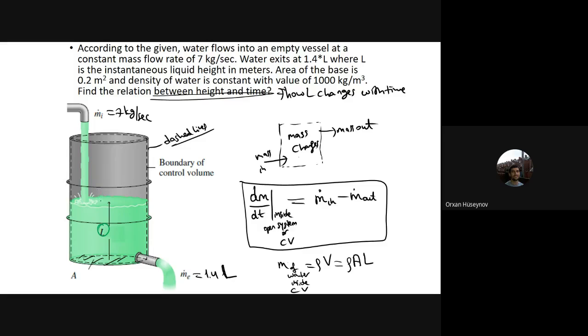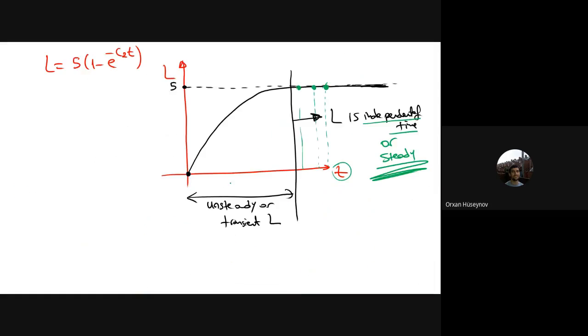Here you can see that after some time, container L will not be affected by flow. It will be constant. This is what we call steady.